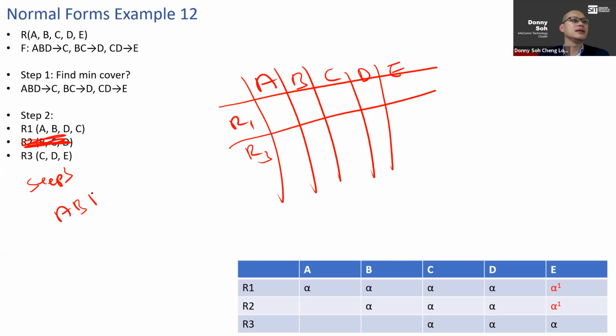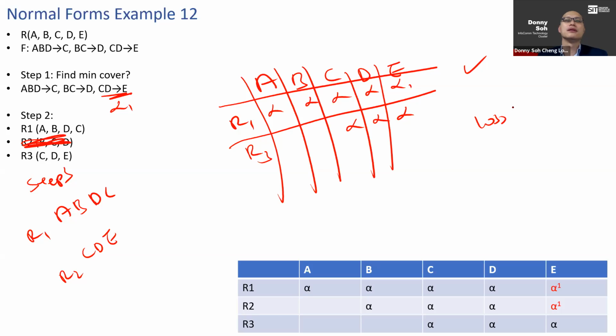A, B, D, C, and C, D, E is R1, R2. So A, B, C, D, C, D, E. C, D implies E. So over here, alpha 1. So this is lossless.